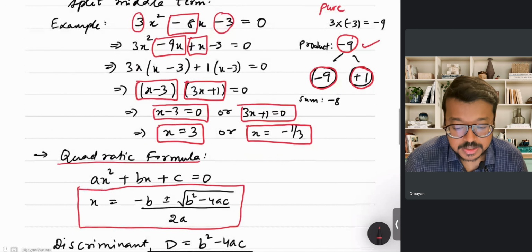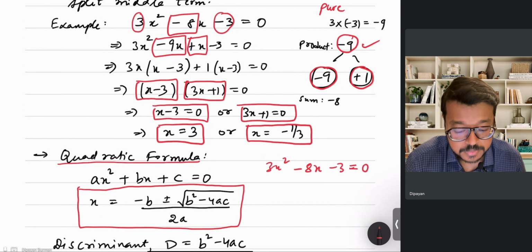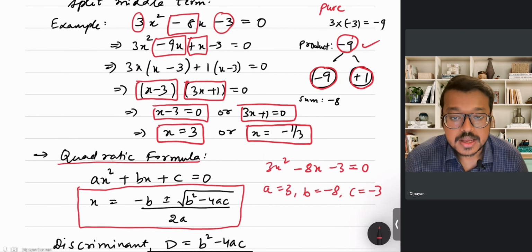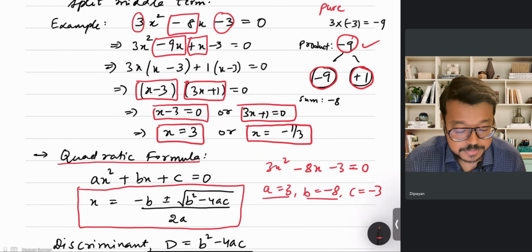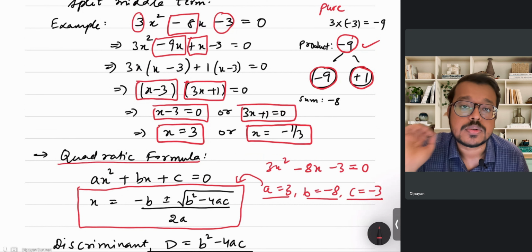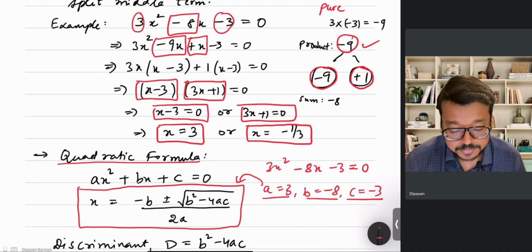So for example, in the previous equation, which was 3x square minus 8x minus 3 equals to 0, if I compare with the standard form, the a value is 3, b value is minus 8 and c value is minus 3. And if you substitute these values in this quadratic formula, you will get the same solution or the roots as we have got from factorization.